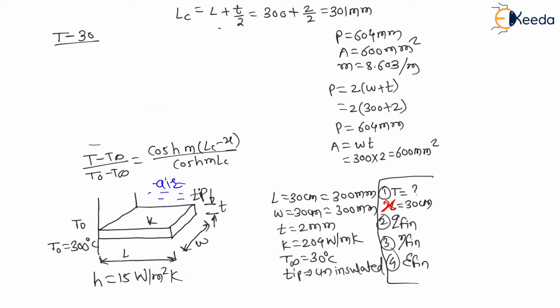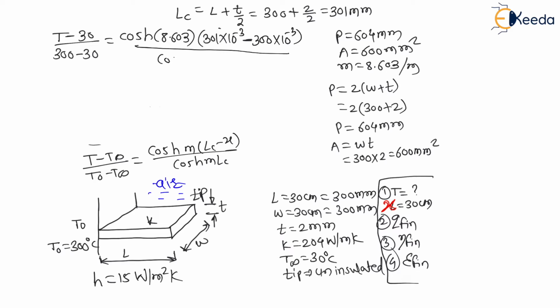T minus 30 divided by T naught, which is 300, minus T infinity, 30, is equal to cosh of m is 8.603 into the corrected length Lc, 301 mm, which we convert into meter, so 301 into 10 to the power minus 3, minus the x location, which is 30 centimeter, that is 300 mm, so 300 into 10 to the power minus 3, divided by cosh of m Lc, m is 8.603 into Lc is 301 into 10 to the power minus 3. So let us solve for this temperature.